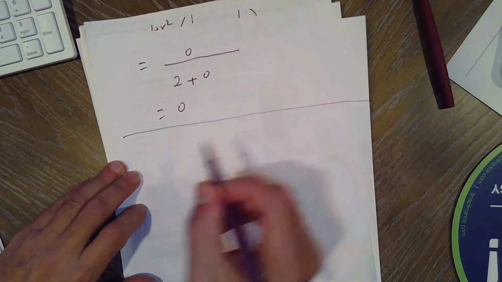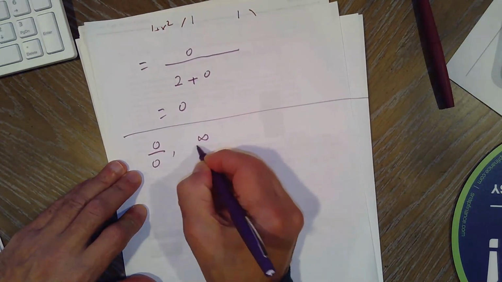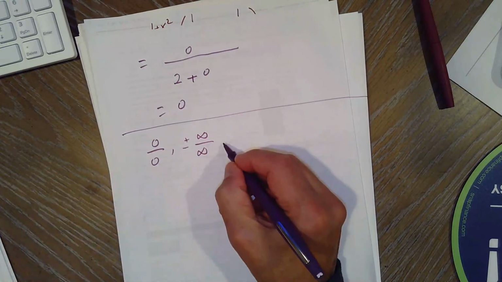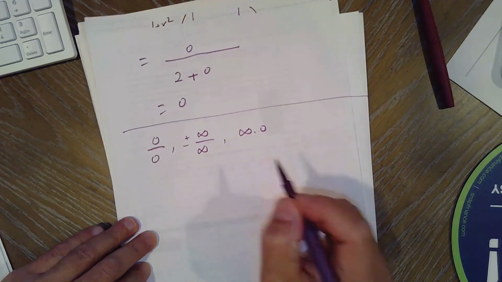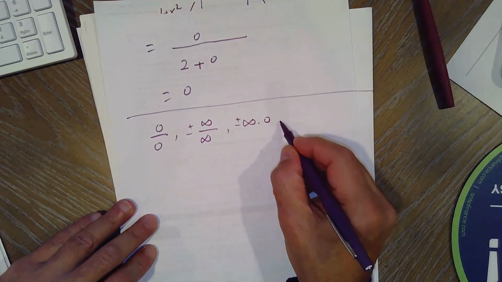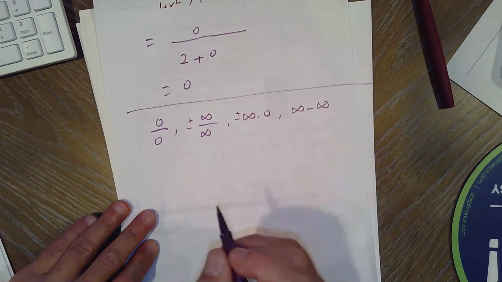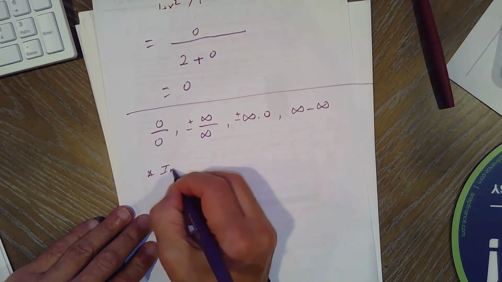Okay, so we've seen 0 over 0, infinity over infinity, and then we've seen infinity times 0, plus or minus, and then we've seen infinity minus infinity. Next, we're going to see indeterminate powers.